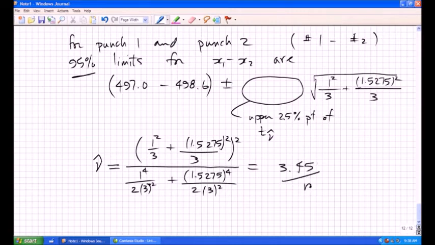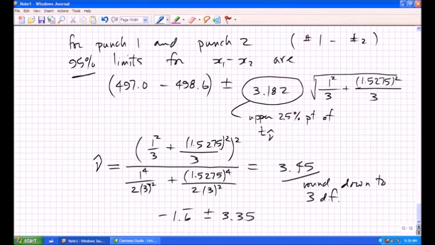Rounding down, if I round down to say 3 degrees of freedom, then once again the right multiplier here is 3.182, and ultimately what I wind up with is minus 1.6 plus or minus about 3.35.